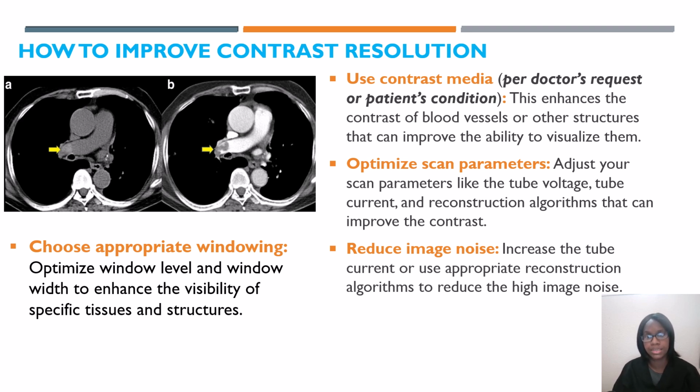Optimize scan parameters. You want to adjust your scan parameters like the tube voltage, tube current, and reconstruction algorithms that can improve the contrast. Whenever I am doing a CT PE exam or a CTA of the abdomen, sometimes depending on the patient's body habitus, it is a little difficult to see where I'm trying to smart prep.